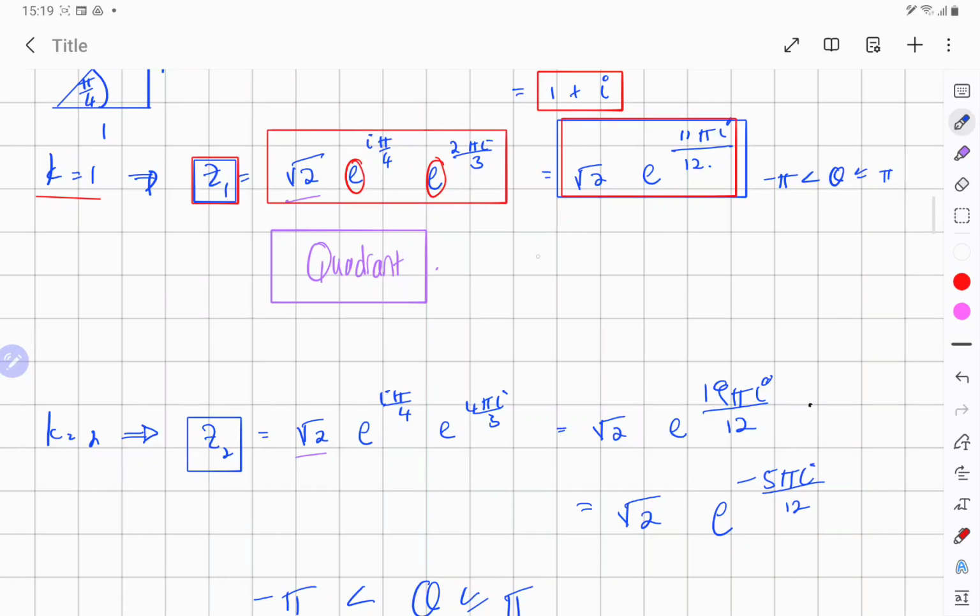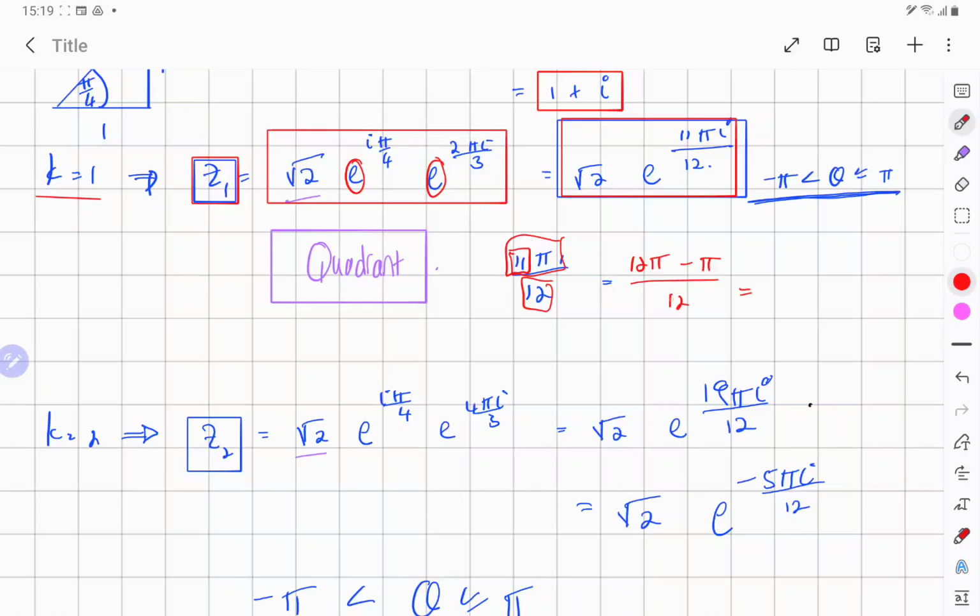How do we check if 11 pi over 12 is in that range? Now, a trick I teach my students: what is the closest number to 11 that's divisible by 12? So you know 11 pi is 12 pi minus pi.